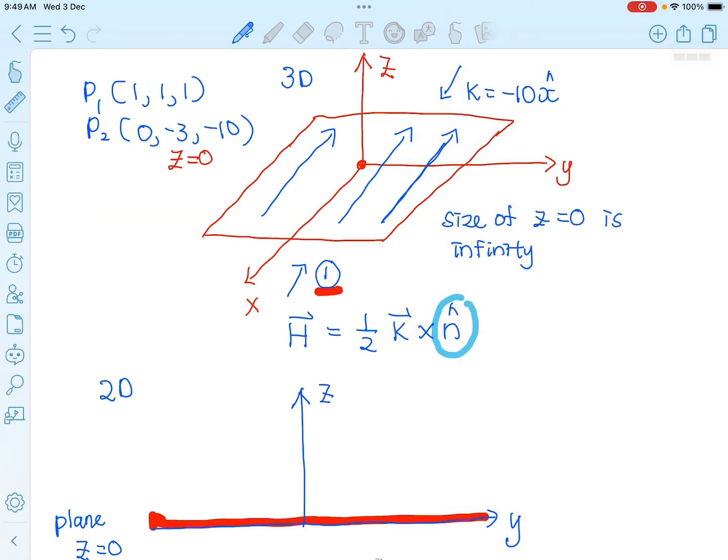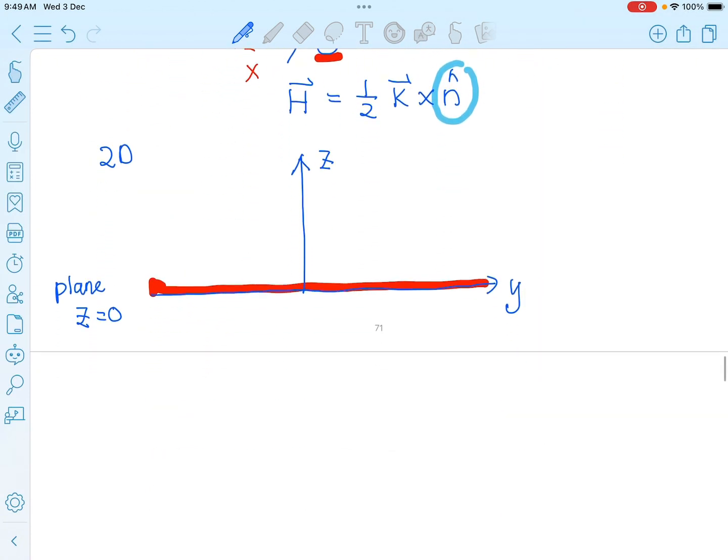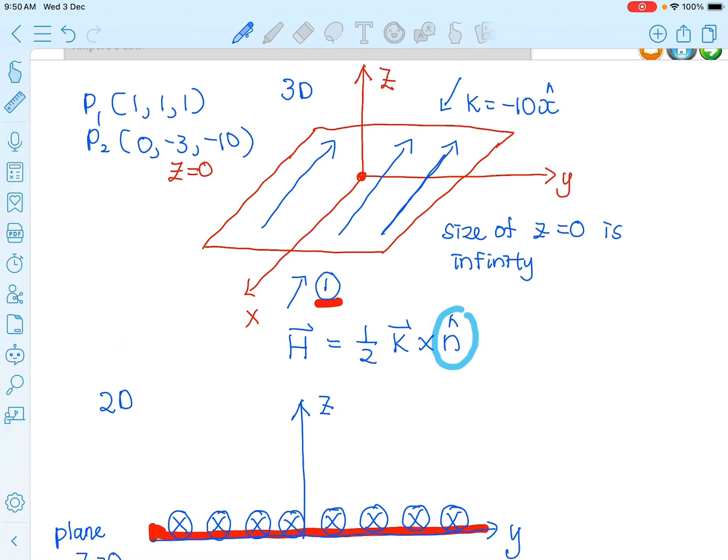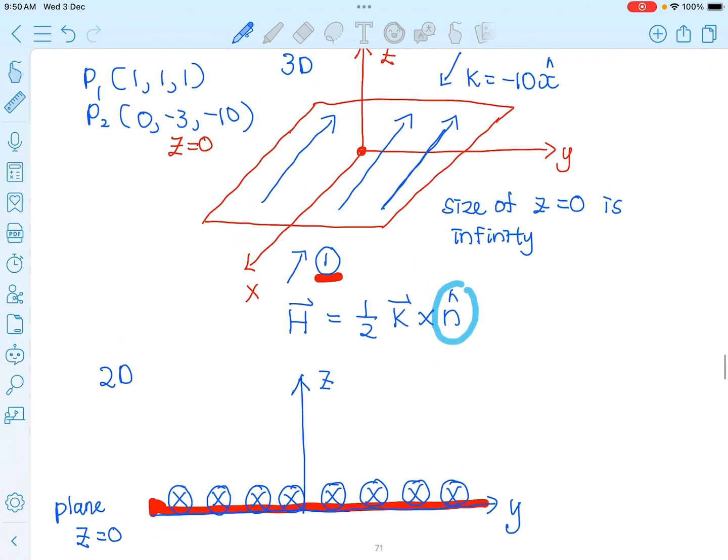We draw the current density using this symbol, which shows that the current is going in. Now you have to find the magnetic field at position (1, 1, 1).